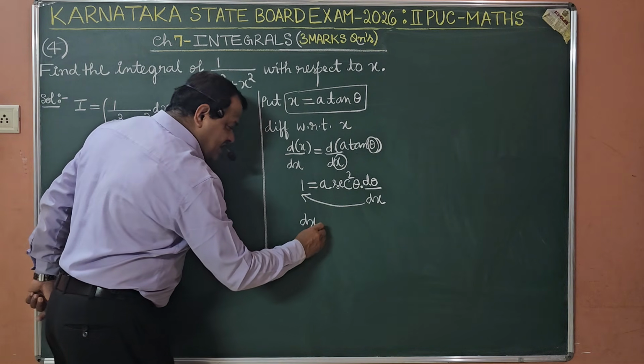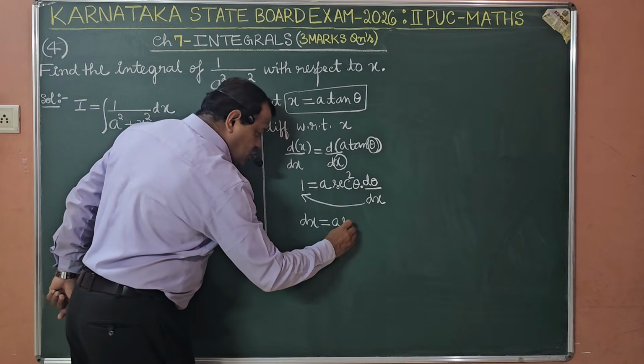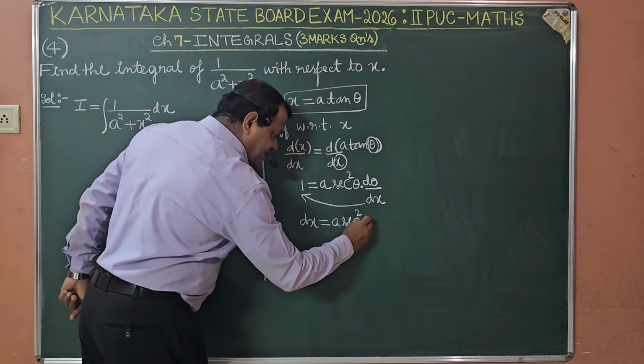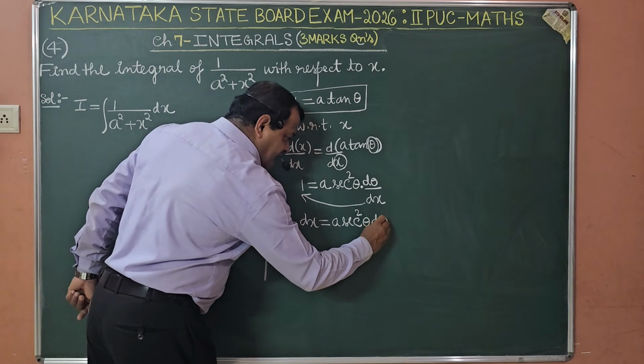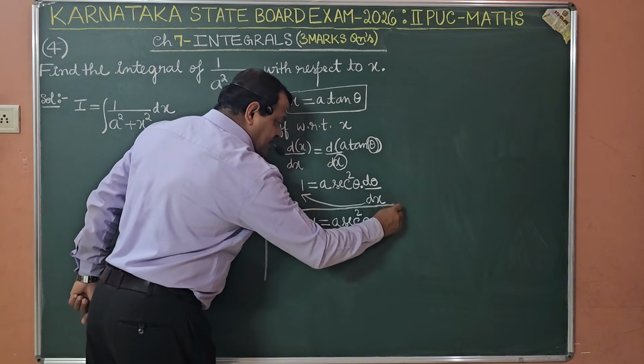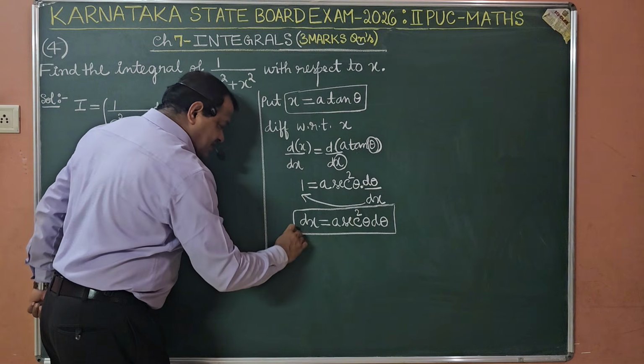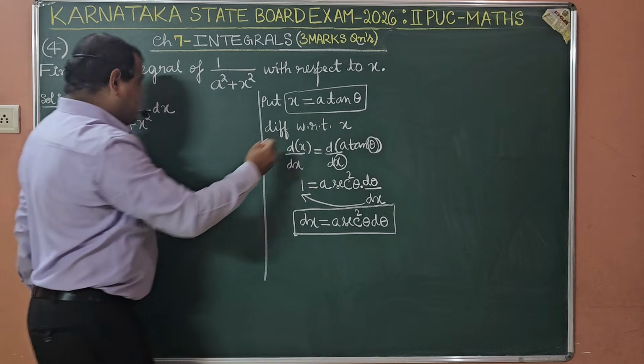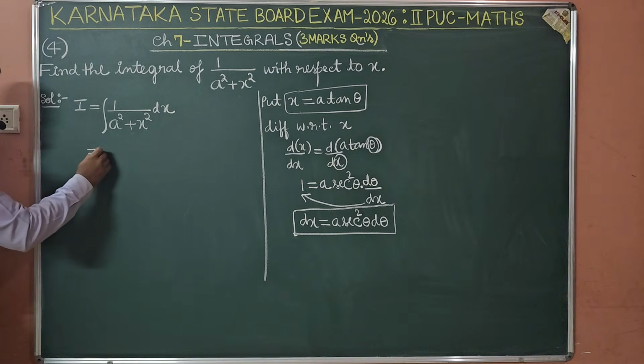It is dx is equal to a into sec square theta d theta. With these changes, one change is this, one more change is this. I will come back to my main question side.